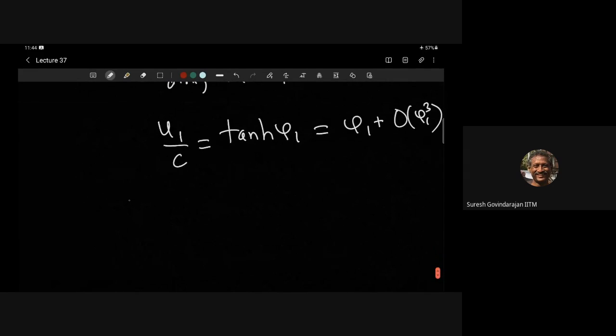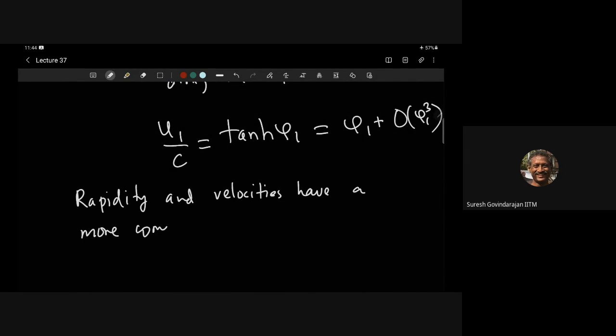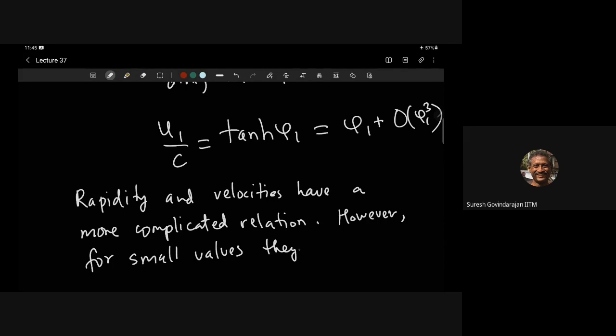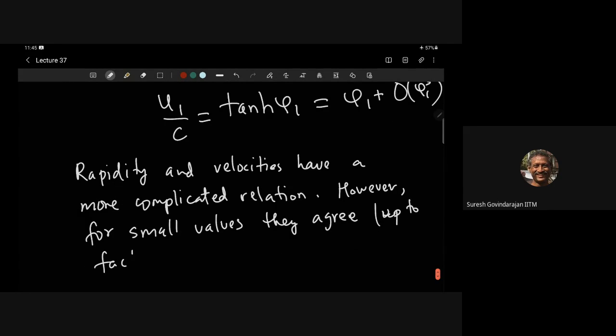This is what it is. However, for small values, they agree, up to factors of c. Is this point clear?